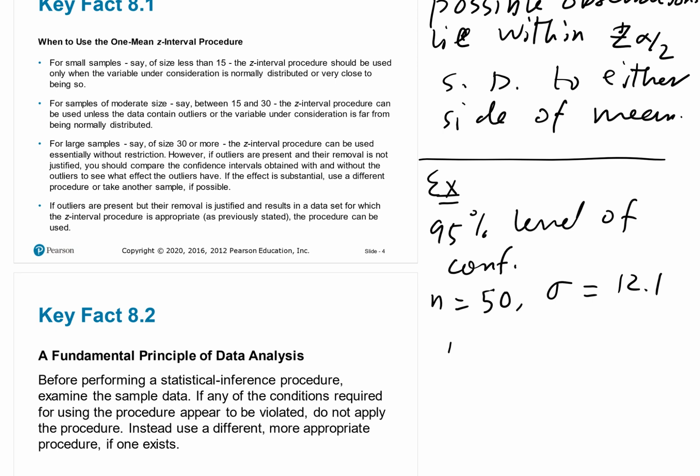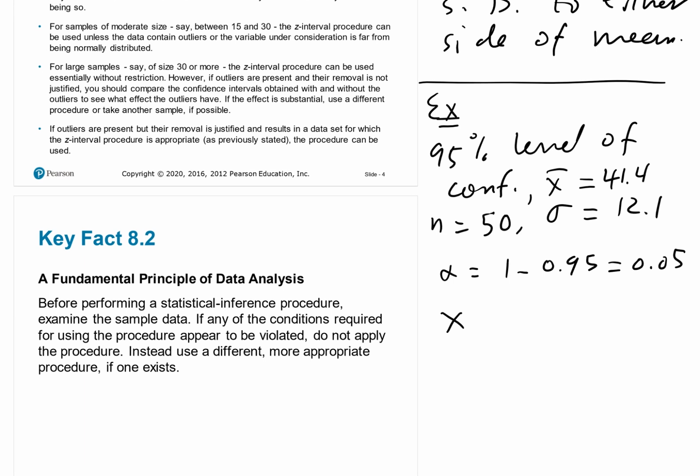First thing I do, I find alpha, which is 1 minus the 95%, that gives us 0.05. And let's say the mean is given as 41.4. Now, how do we find z sub alpha over 2? We do need z sub alpha over 2. That would be z sub 0.05 over 2, z sub 0.025.